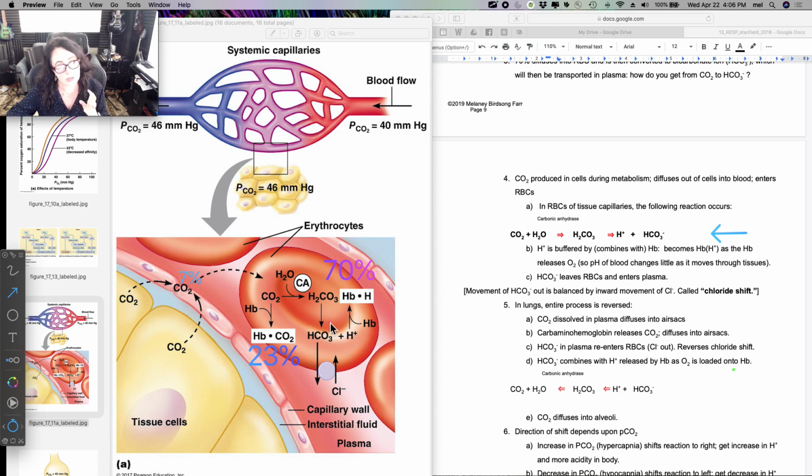And then, so what am I going to do with this H plus? Well, I am going to hold on to it. I'm going to hold on to it with hemoglobin, okay? And it's not going to go into solution. What am I going to do with this bicarbonate ion that could be really helpful? What I'm going to do with the bicarbonate ion is I am going to push it out into the blood plasma to buffer whatever is changing the pH out there.